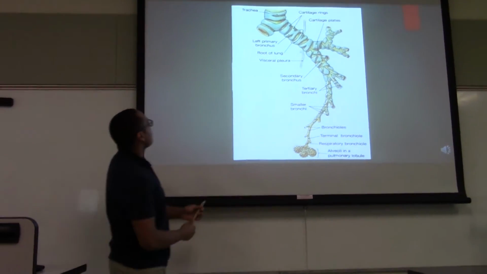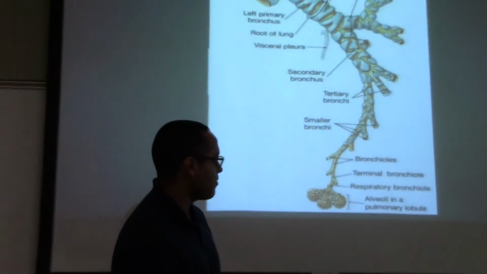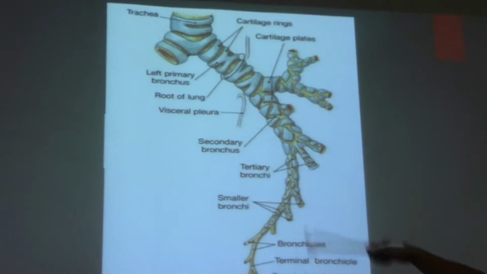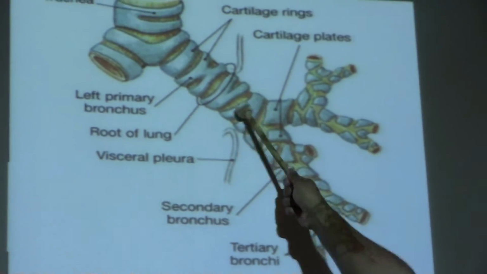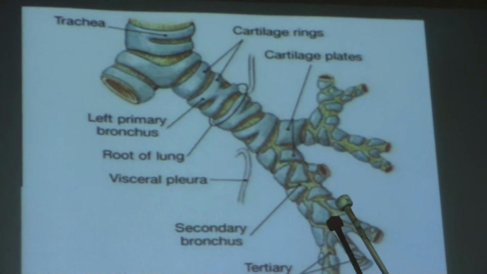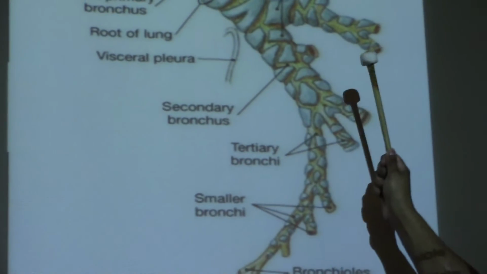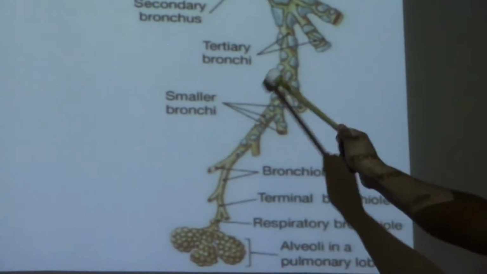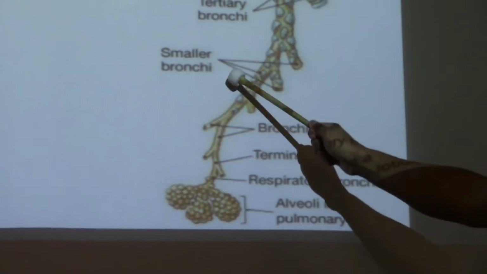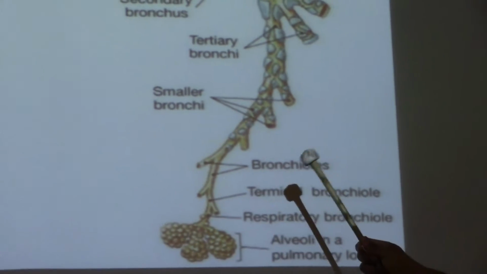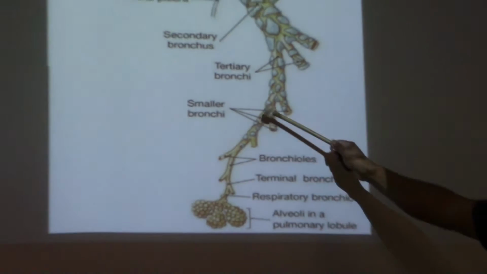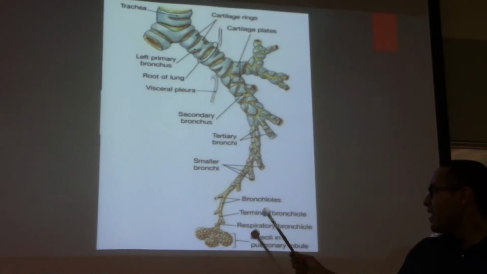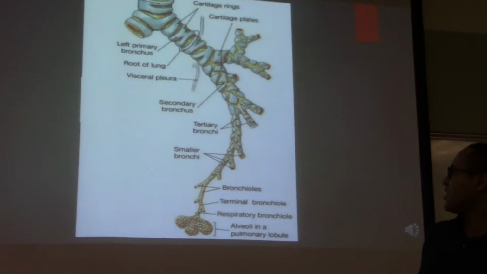Okay, awesome picture. You have the left primary bronchus, which stems down and gets smaller and smaller, you see. Secondary bronchus, tertiary bronchi, then it gets to the smaller bronchi, and then finally to the respiratory bronchioles. It just breaks down to smaller pieces. And that's how it's structured.